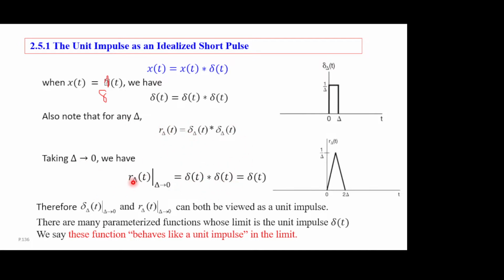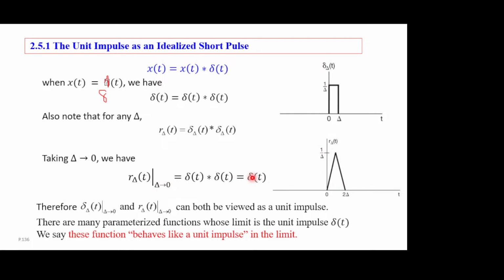On the other side we have R sub-triangle, which as delta goes to 0 should become delta of t convolved with delta of t. Because we have this up here, that should equal delta of t. So you have found out that R sub-triangle, when delta goes to 0, also becomes a delta function.